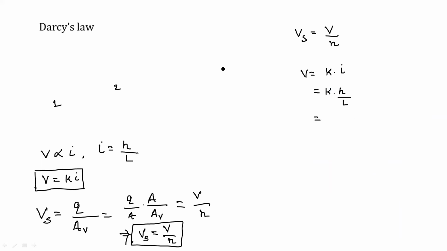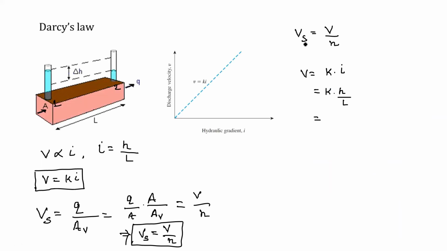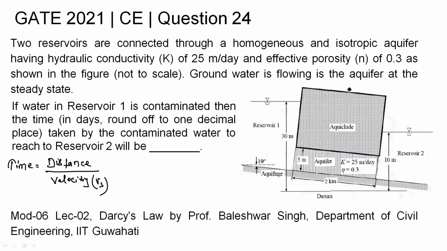The value of K is given in the question, that is 25, and H is the head difference. This head difference is the head at reservoir 1, that is 30 meter, minus the head at reservoir 2, that is 10 meter. So the head difference comes as 20 meter.